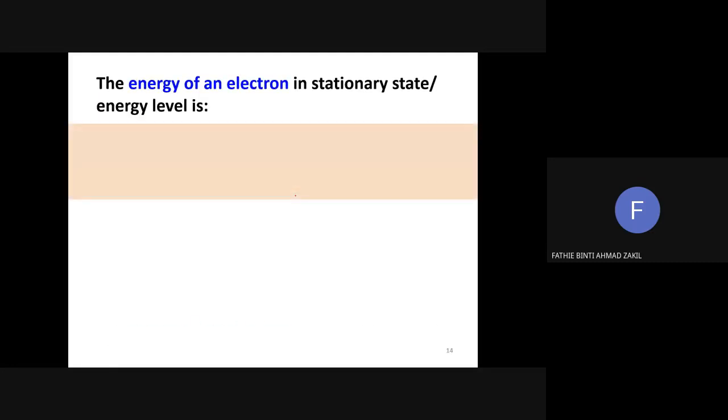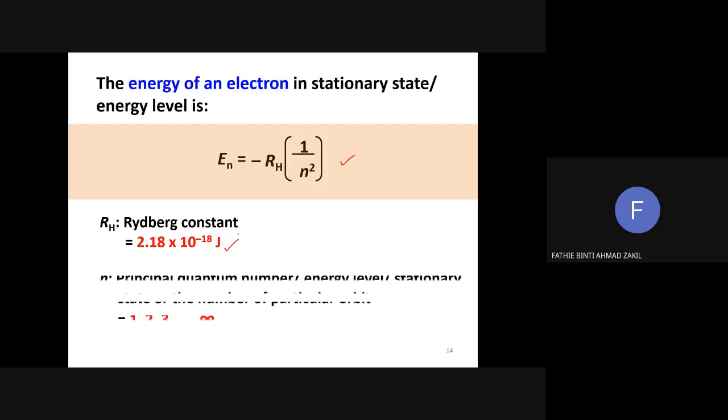So the energy of an electron is actually tied to a state or level. So it can be quantized, meaning it can be calculated using this equation. So RH is the Rydberg constant. Okay, the Rydberg constant is 2.18 times 10 to the negative 18 joule. Then n is the principal quantum number or energy level, the number of the particular orbit.